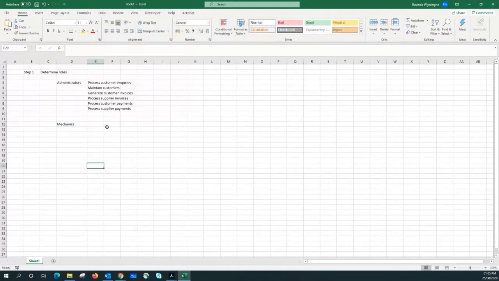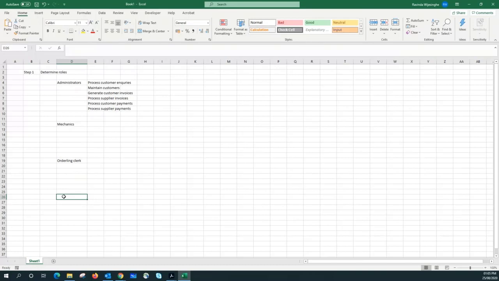So mechanics. I'll keep a few rows here to identify the use cases, and then ordering clerk, right? That's the third row. So basically, it looks like there are three actors.